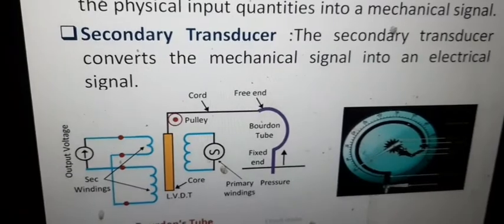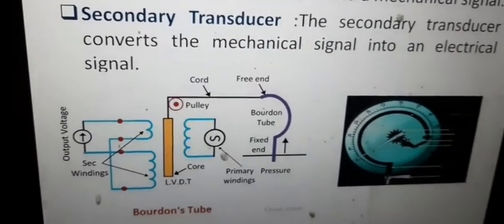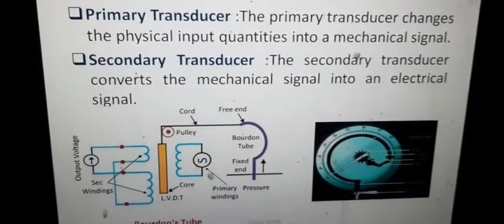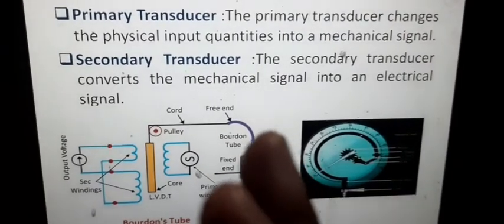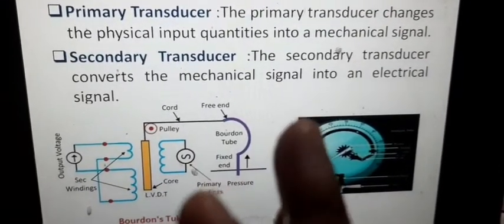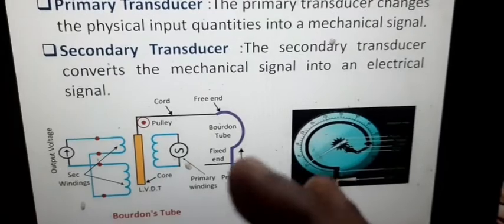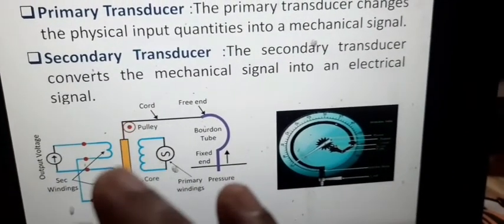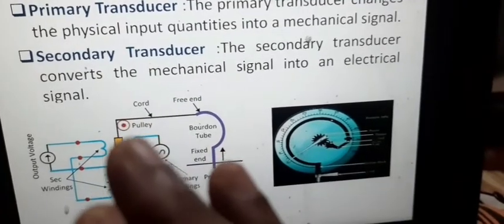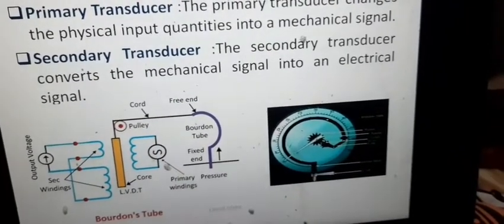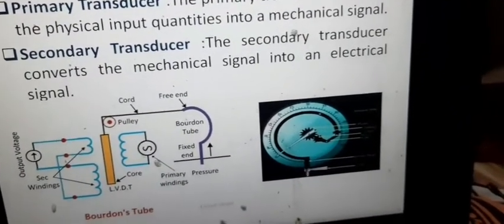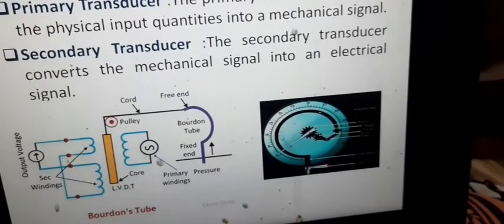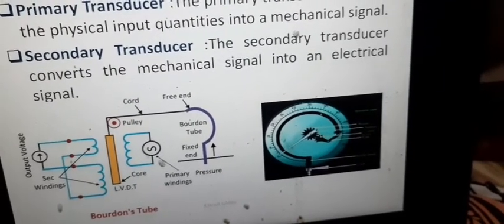So what happens if we attach the LVDT at the free end? LVDT basically consists of a core at the center, one primary winding or primary coil attached at the middle, and two secondary windings at its two sides, which are connected in series.